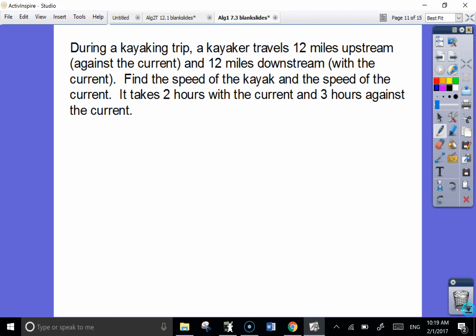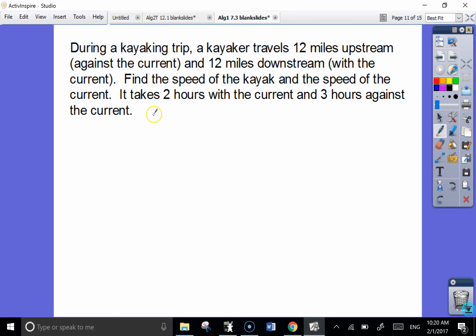So during a kayaking trip, a kayaker travels 12 miles upstream against the current and 12 miles downstream with the current. Find the speed of the kayak and the speed of the current. It takes 2 hours to travel the 12 miles with the current and 3 hours against the current. So let's see. The two unknowns here are the speed of the kayak and the speed of the current.